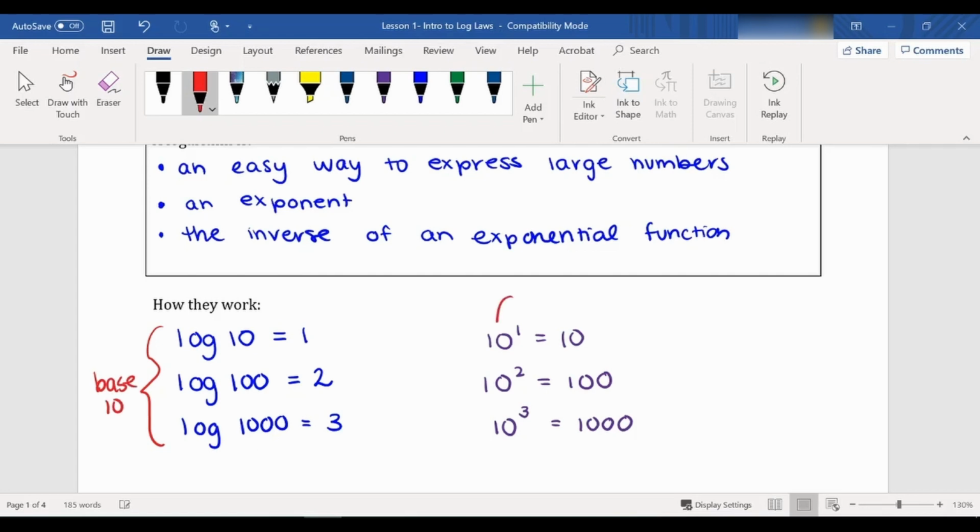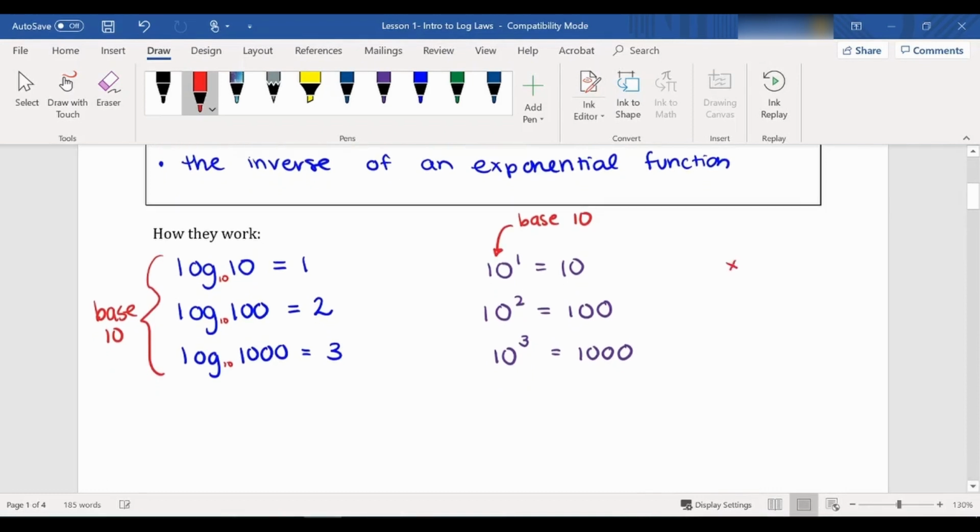And that's because the base of the exponent we're talking about is 10. And your question might be, well, how did you know that was your base? And it's because technically hidden down below at the bottom of the g here is a little invisible 10. So when we don't have an actual number written here, we assume we are in log base 10.